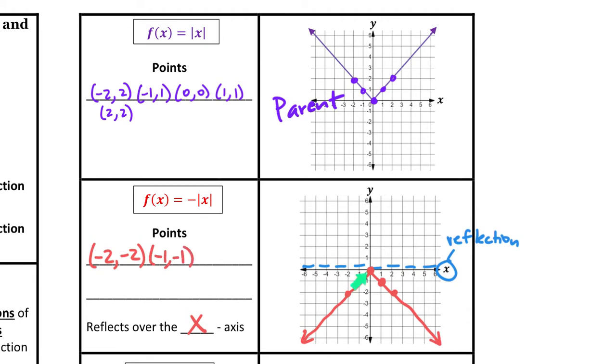The next point at the center of the x and y axis is 0, 0. Then I have 1, -1, and 2, -2. Okay, so that's the reflection over the x-axis.